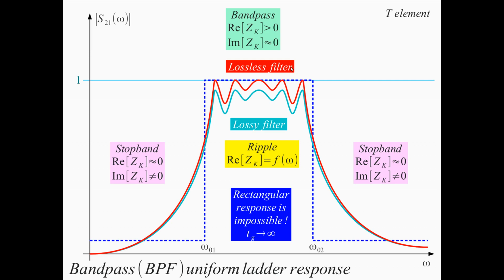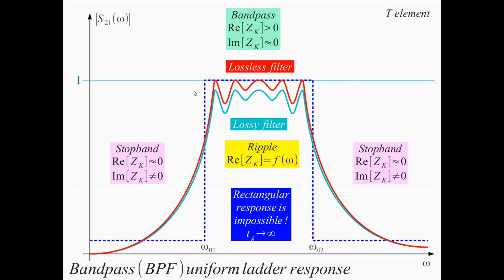If we have a lossless filter, the peaks of this ripple will reach unity. While if we have lossy components in our filter, like real-world inductors that have a resistance, then we have a finite amount of loss also in the best case of the transmission loss, where we do not have impedance mismatch inside this filter. So things are not perfect here, but we have to live with whatever we have.